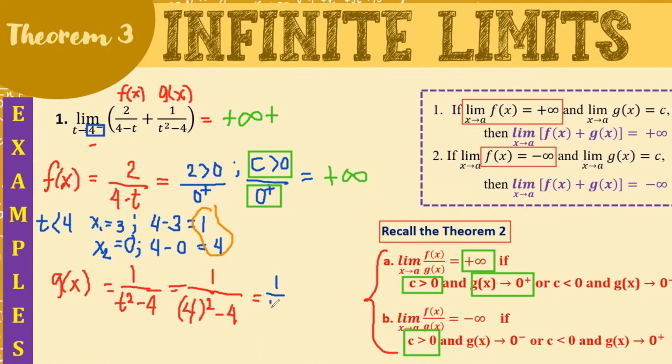That is 12, kasi 4 times 4, 16. 16 minus 4, that is 12. So, the answer here is 1 over 12. Now, 1 over 12 is equivalent lang naman siya sa C. Diba? Ito yung C natin. So, i-add na lang natin dito yung C. So, plus C, or 1 over 12, pareho lang sila, pero lagay na lang natin plus C para hindi masyadong confusing, kasi ito yung alam natin.